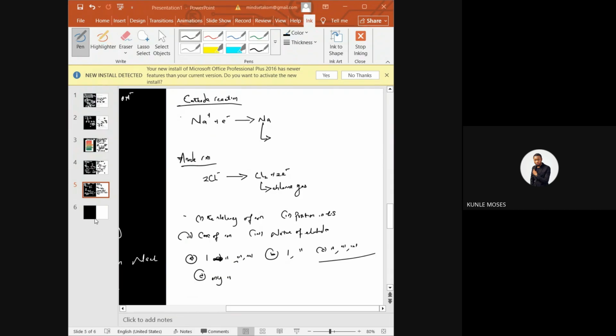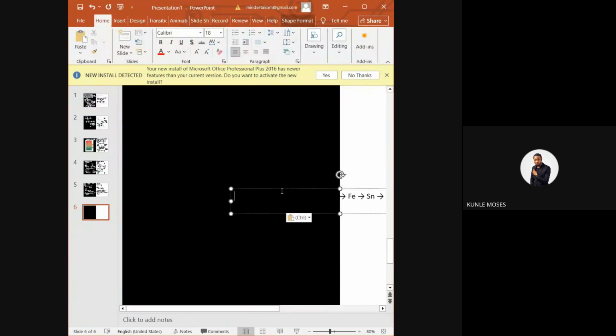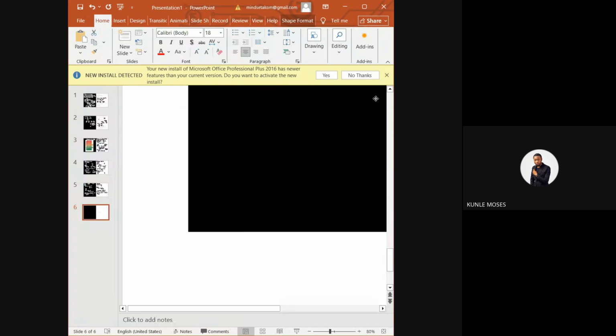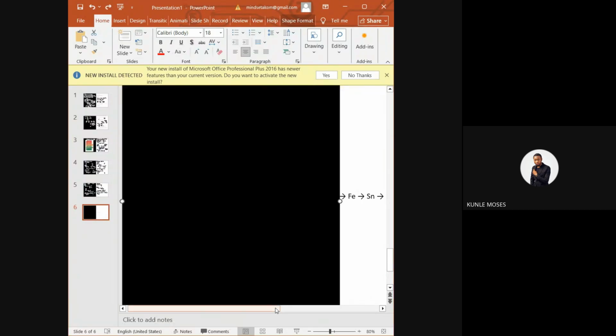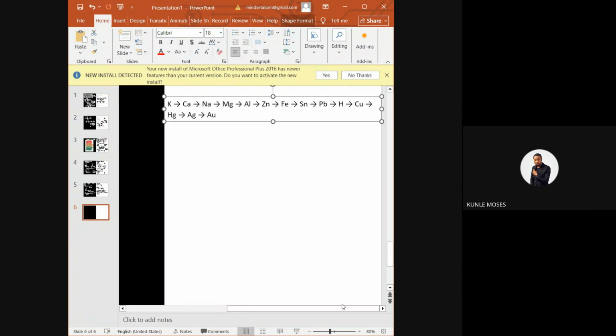The metals that are above here are more reactive. That is the first one, just like the diagram, in case you want to put that down.